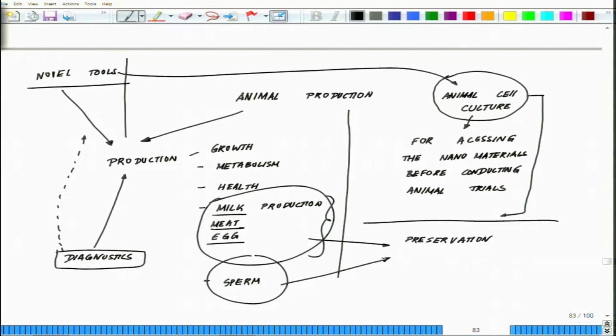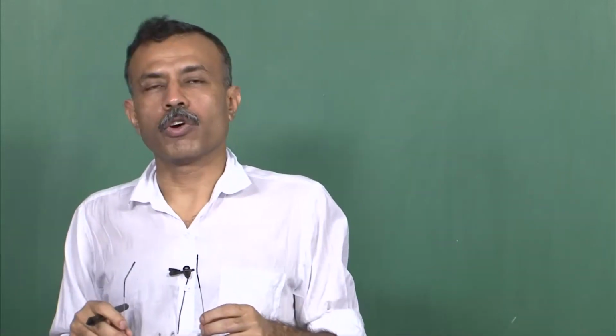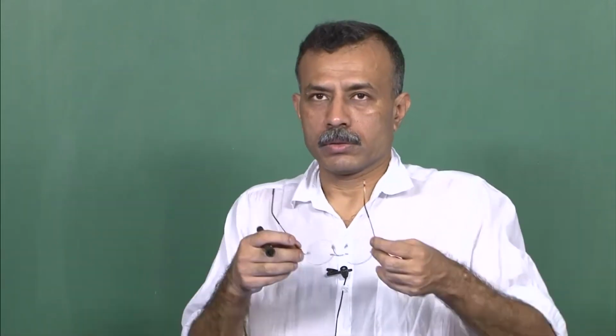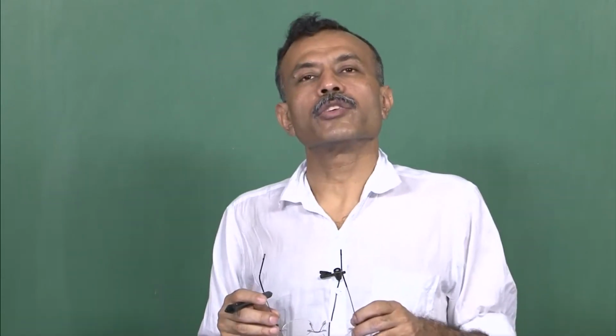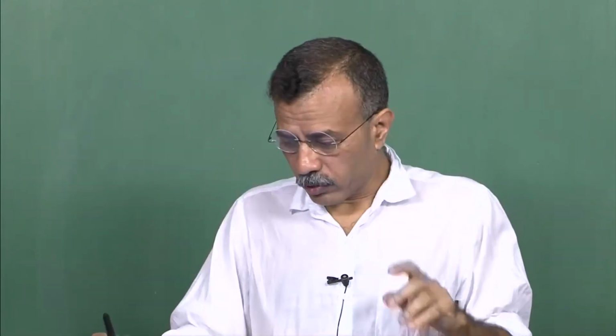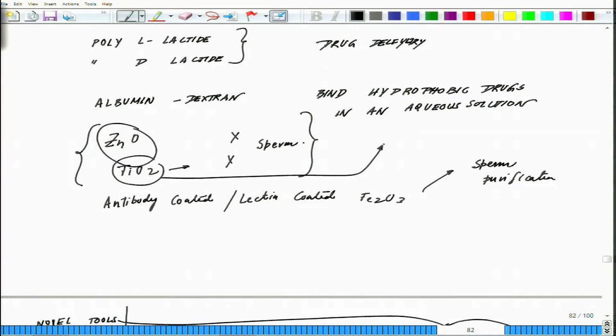preservation, because if you get a good quality sperm, you prefer to store that sperm for artificial insemination and maintain that particular quality for a prolonged period of time. Now, for that you really need to preserve the sperm. As we were talking about, there are nanomaterials like zinc oxide and titanium oxide, and why these are very critical is that these are nanomaterials which are used for water purification.